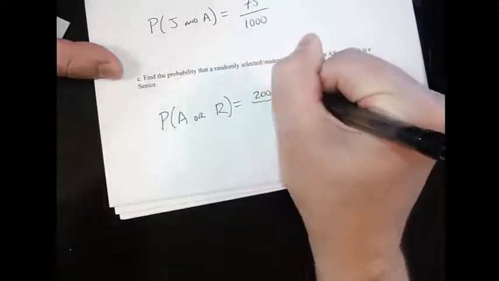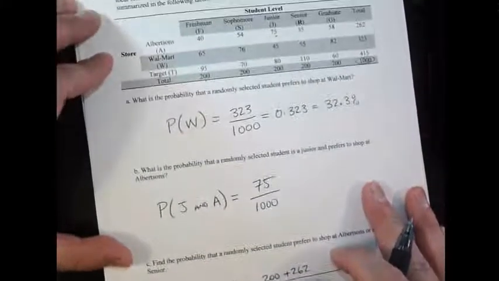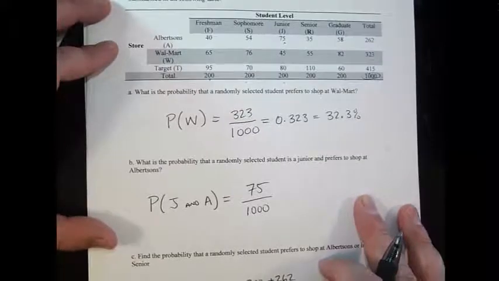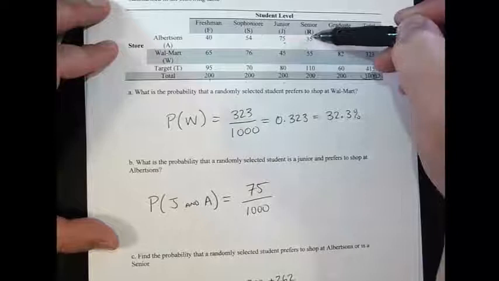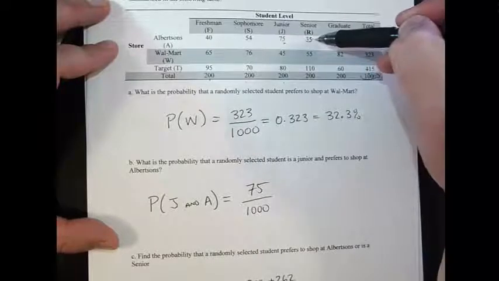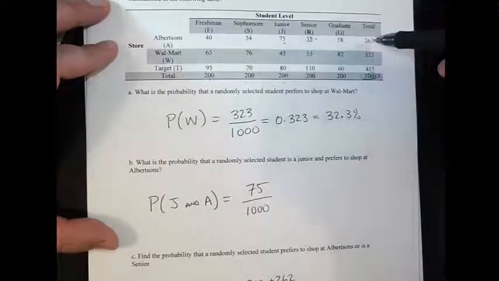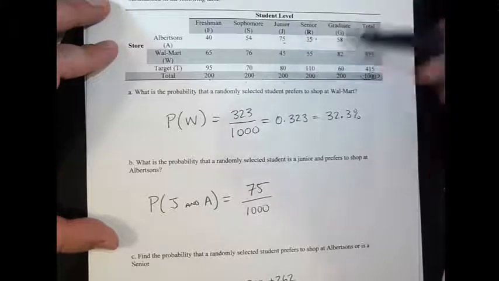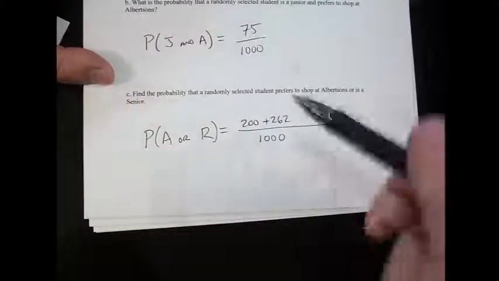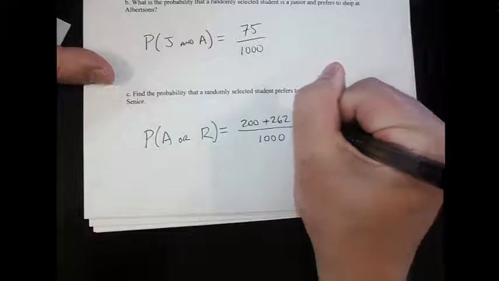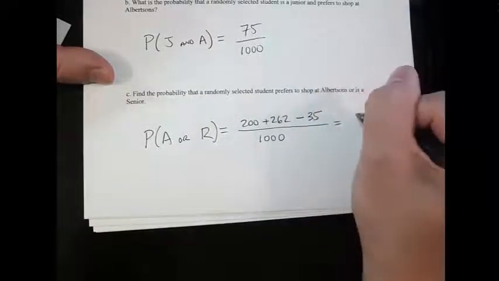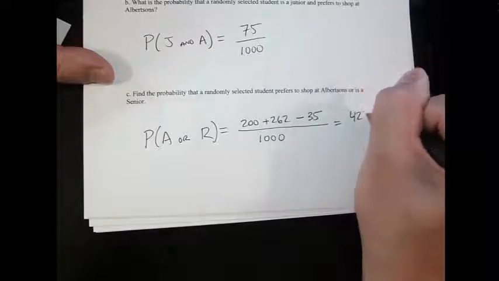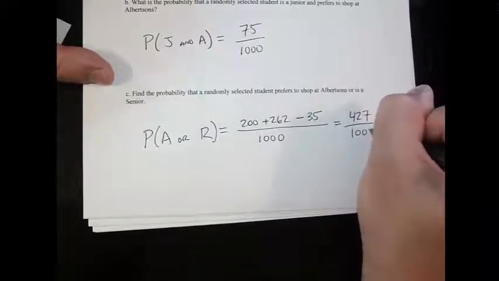So 200 plus the 262, but I double counted this 35, because I counted it in the 262 and in the 200, so I'm going to subtract it out once. And that gives me 427 all out of 1,000.